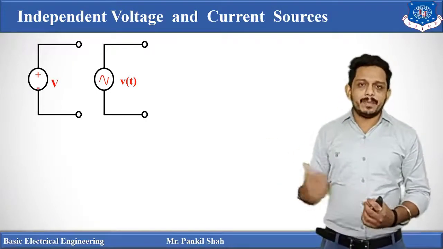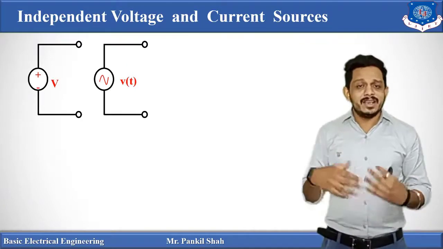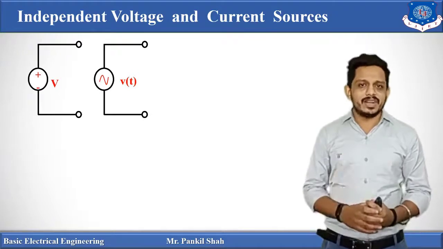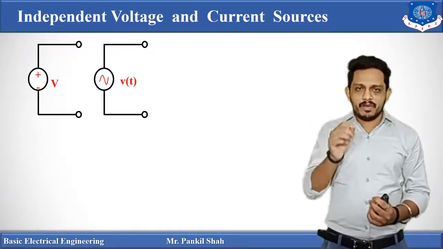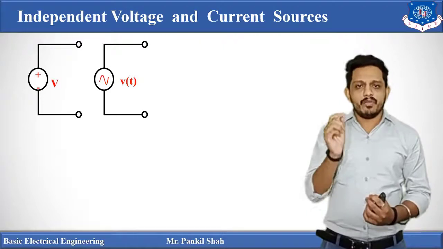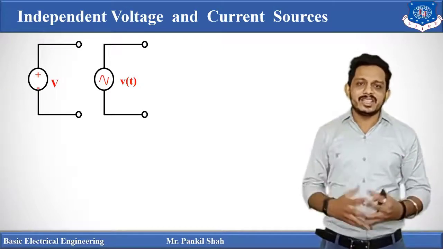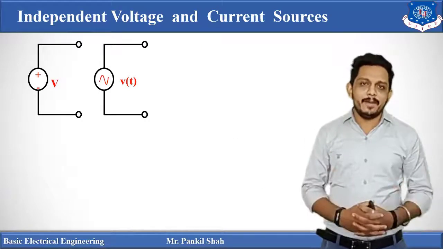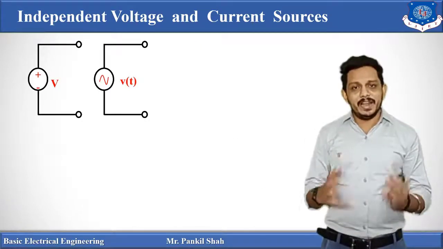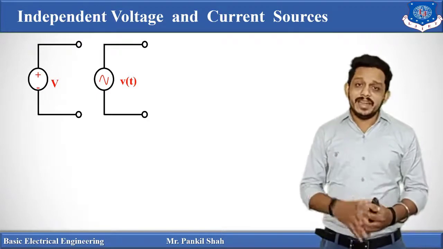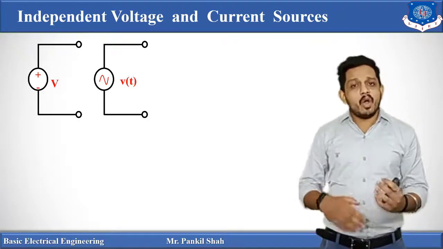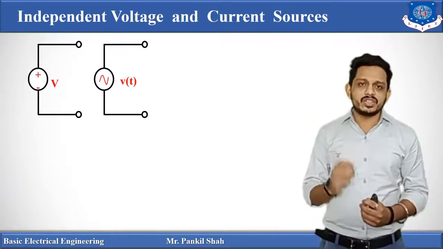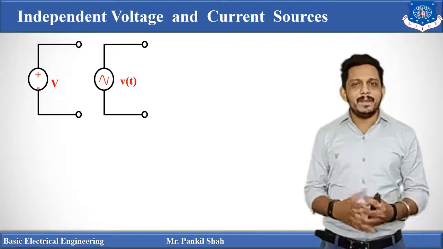So if capital V and plus minus is given, then we can say that this is the DC voltage source, and if an alternating sinusoidal waveform is drawn inside that circle and V of t is given, then we can say that this is nothing but the AC voltage source. These two sources are known as independent sources because their value does not depend on any other parameter of that circuit. Its value is fixed, constant. So that's why it's known as the independent voltage source.